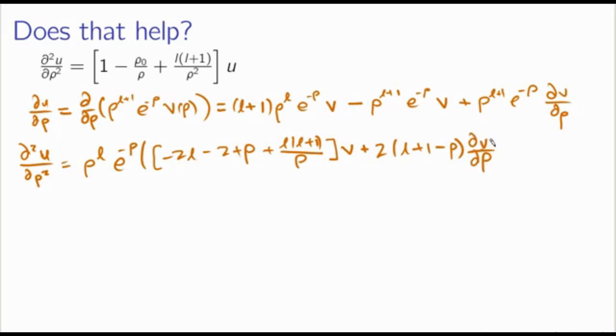And finally, we have terms that have a second derivative of v with respect to rho, and that's what you get if you make both derivatives in the product rule act on the v, leaving the other two terms untouched. And in this context, since I factored out a rho to the L e to the minus rho, that term is rho times the second derivative of v with respect to rho.